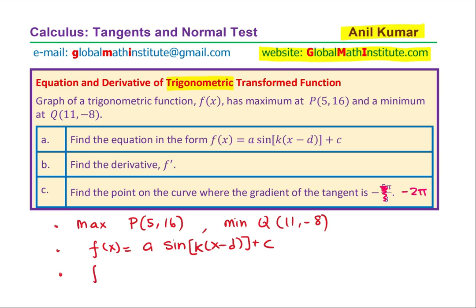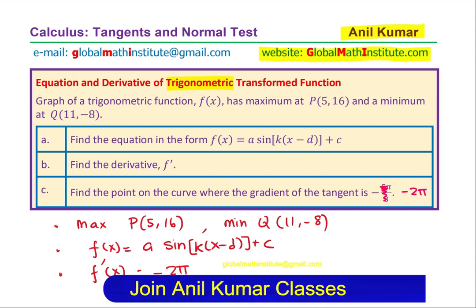And then you have to find the derivative of this particular function. Once you find the derivative, we want to find the point on this curve where the derivative is equal to minus 2 pi. So there are three parts to this question. I'd like you to pause the video, answer, and then look into my suggestions.